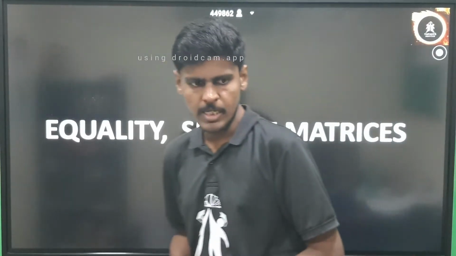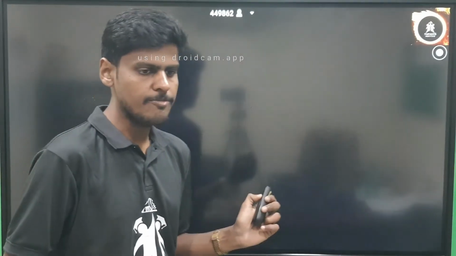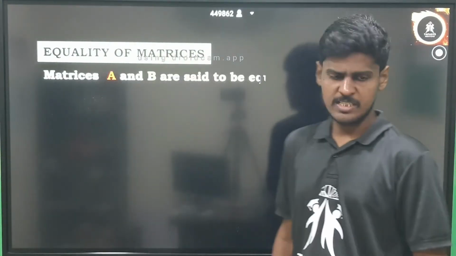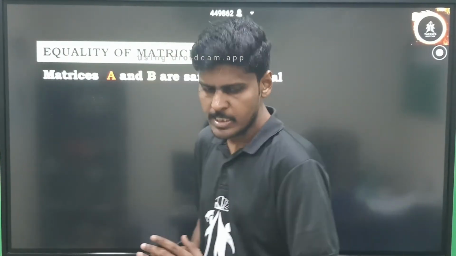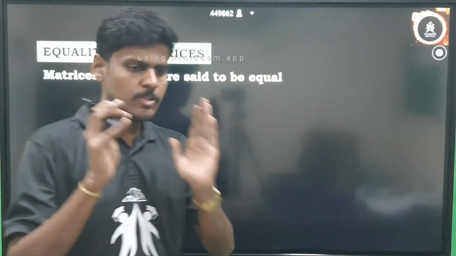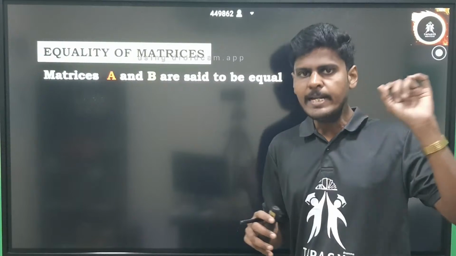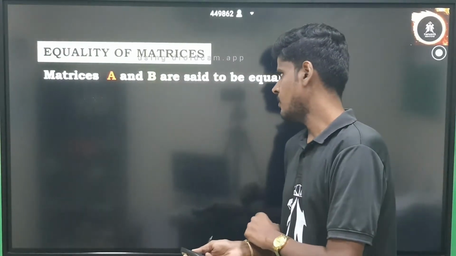Next topic is equality of matrices, as well as the sum of matrices. Now what is matrix equality? When we compare two matrices, they are said to be equal when those two matrices have exactly the same order and each corresponding element is the same. What does that mean?